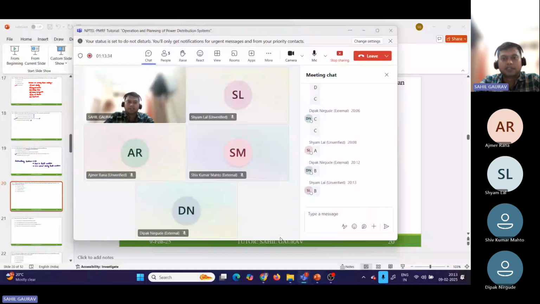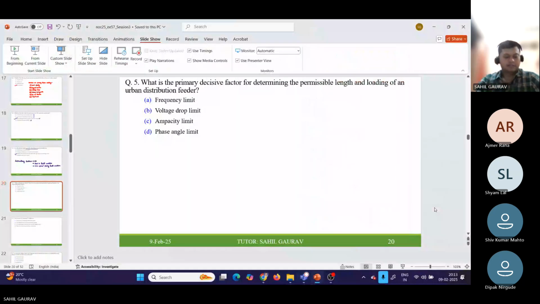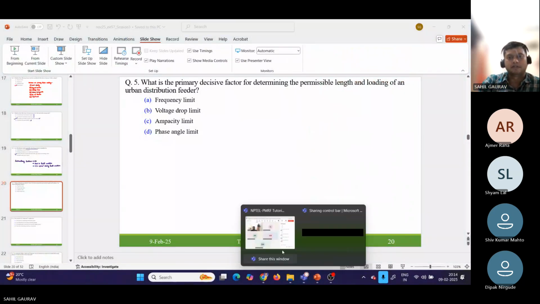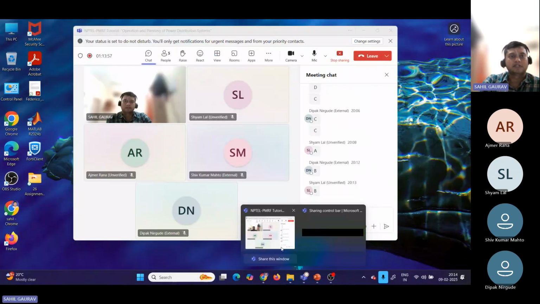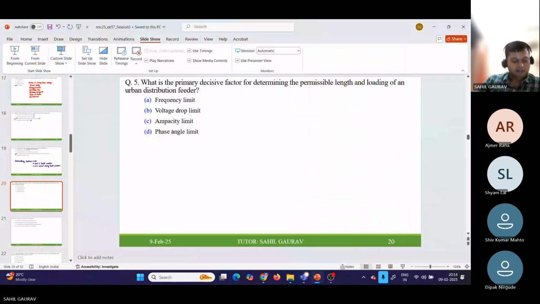Deepak said B. Syam also said B. I just said earlier, for the urban distribution feeder, what is the primary decisive factor we have to take care of. Both B answers are wrong.